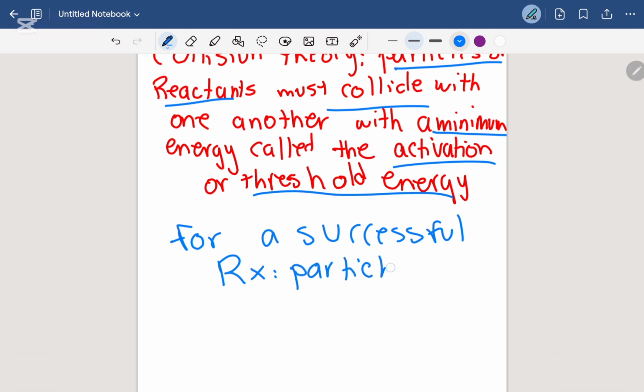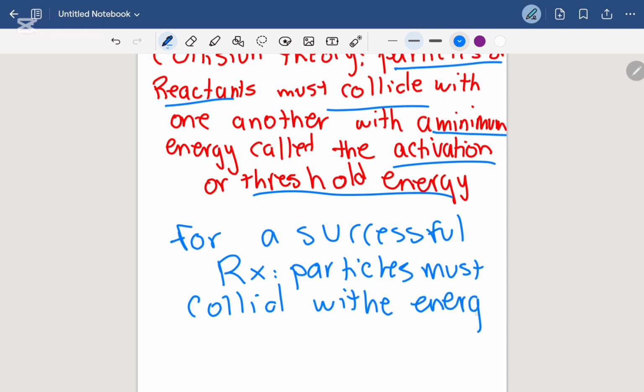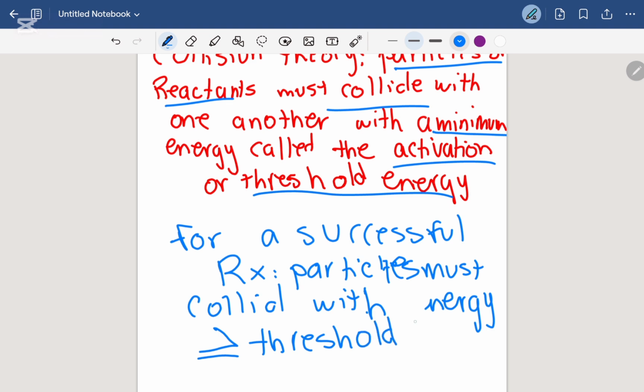In other words, in a brief summary, for a successful reaction, particles must collide with energy that is greater than or equal to the threshold or the activation energy.